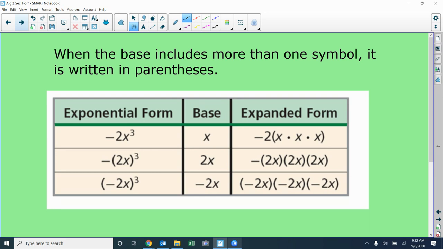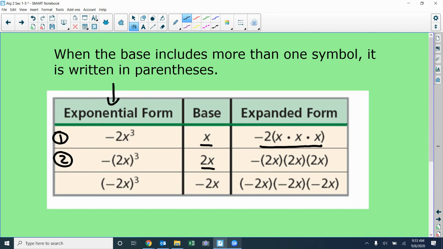You really need to know what the power is acting on. So this is exponential form, okay? Now, that power 3 is only acting on x. So if we do expanded form, that x is going to have to be there 3 times, isn't it? My second example, that power of 3 is acting on 2x.